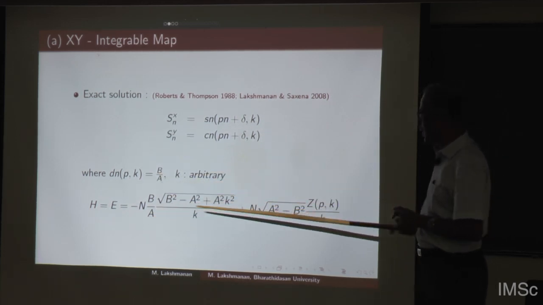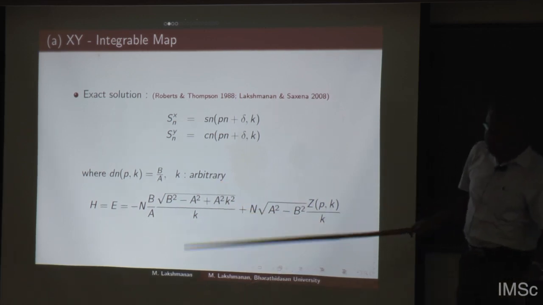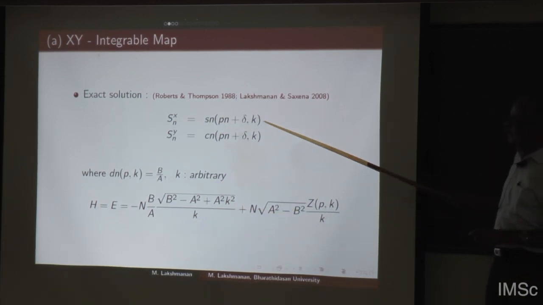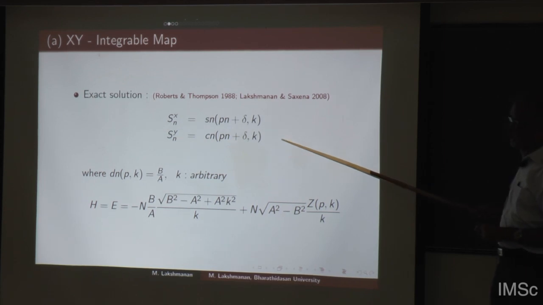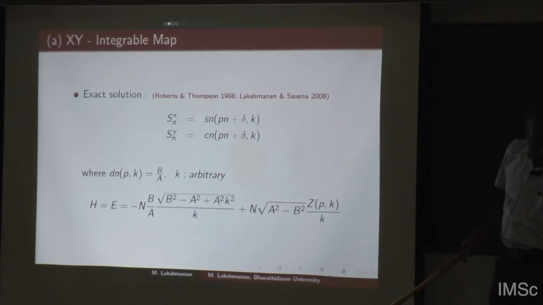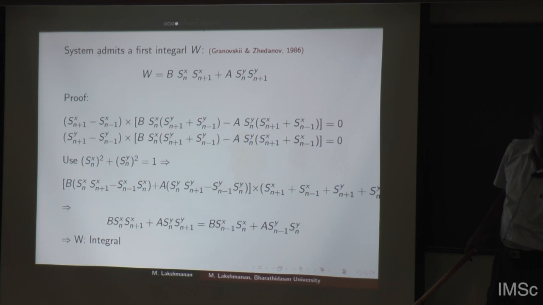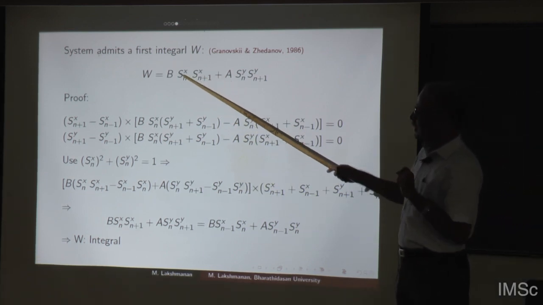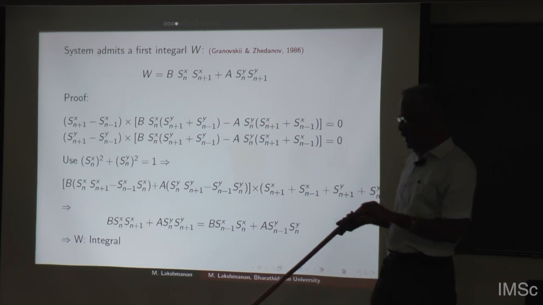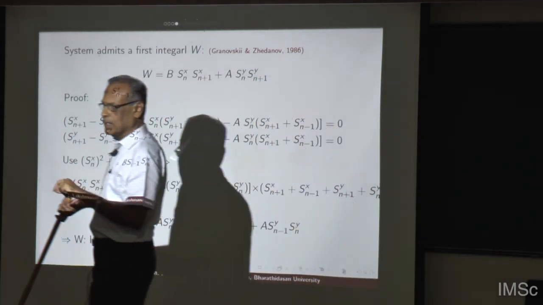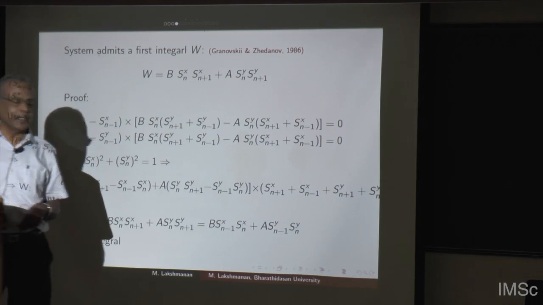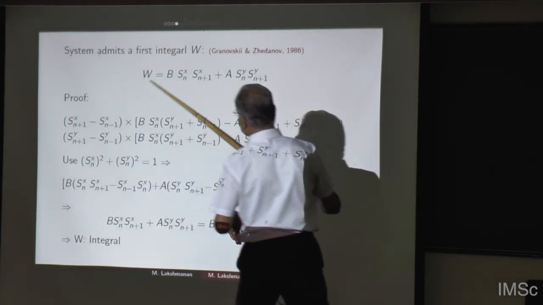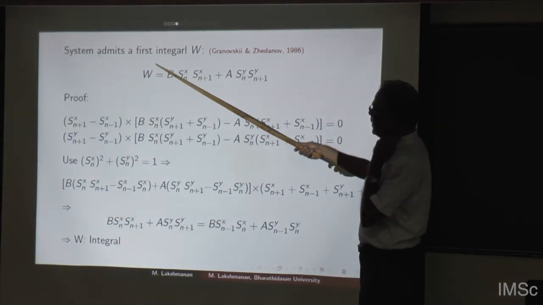And you can write down the total energy, etc. In the limit, you have tanh, and this is sech. So you have a localized structure, but it also admits a first integral, because this is a two-dimensional system effectively.